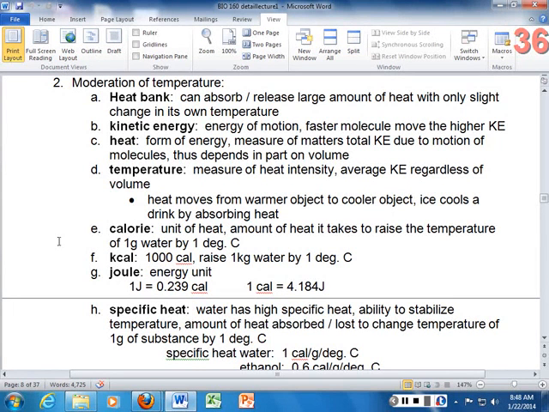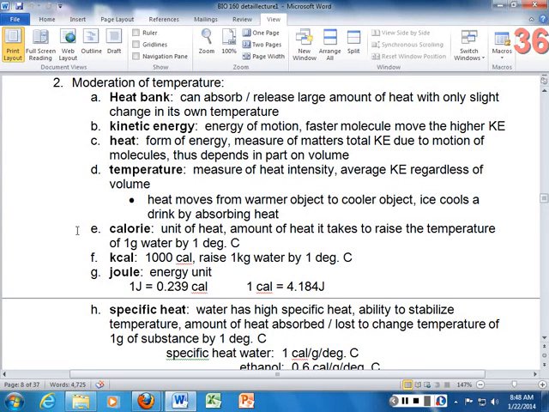Some of this with heat and temperature may be kind of hard to wrap your head around. You go, why is volume going to have anything to do with that? Volume is how much space you have to run around in. So if you put something in a pressure cooker, it's going to cook faster because you can heat it up more, because it's all contained. You put the pressure on to contain it.